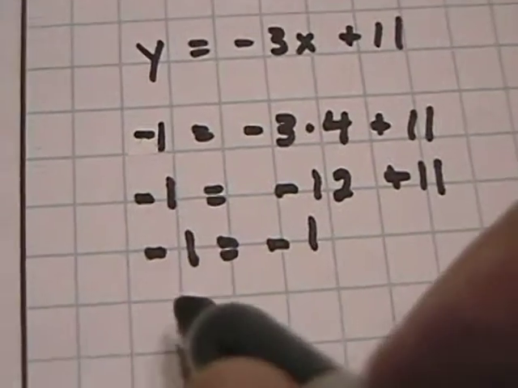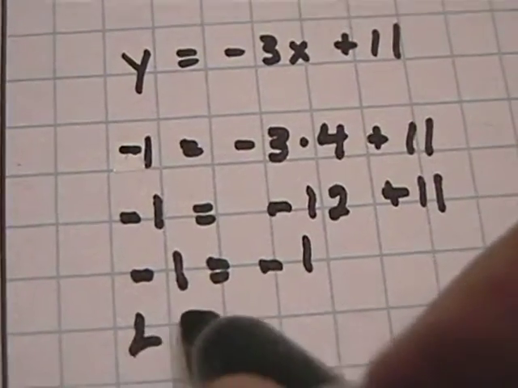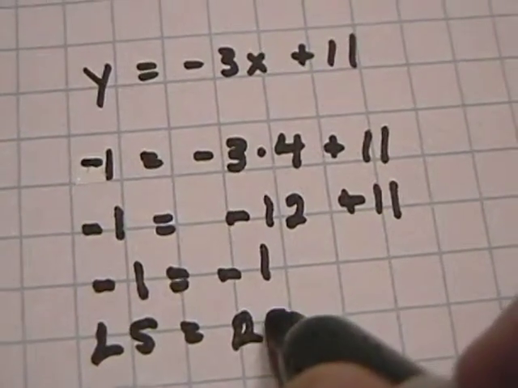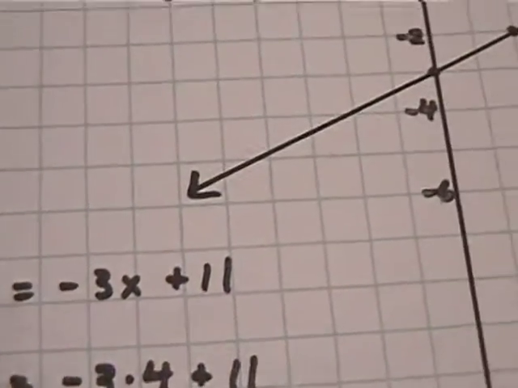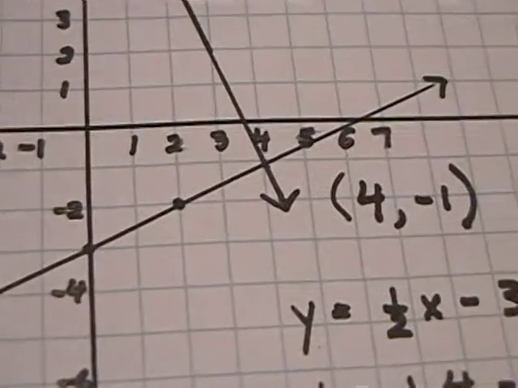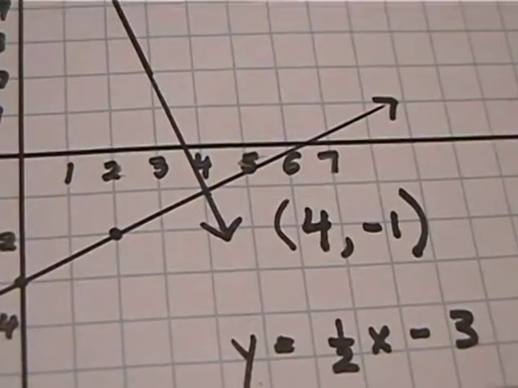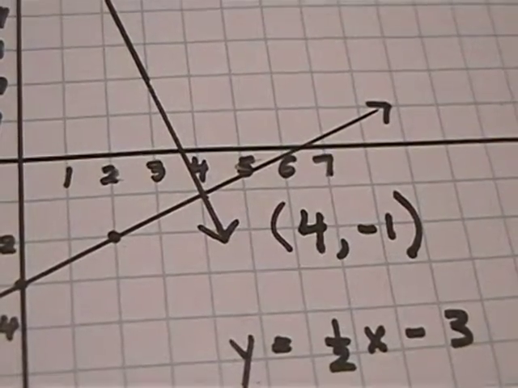So again, the left side is equal to the right side. That means that 4 and -1 is the solution to our two equations.